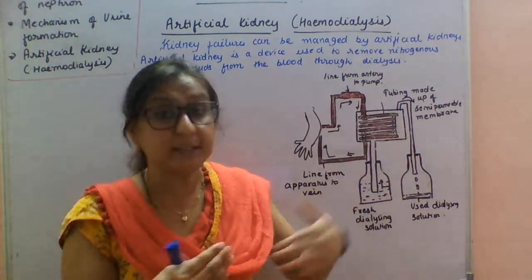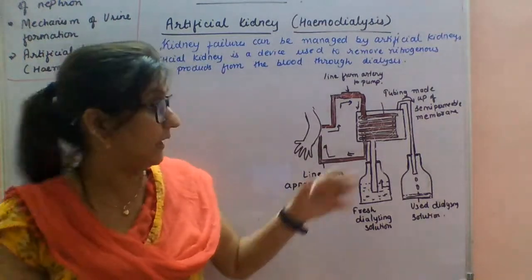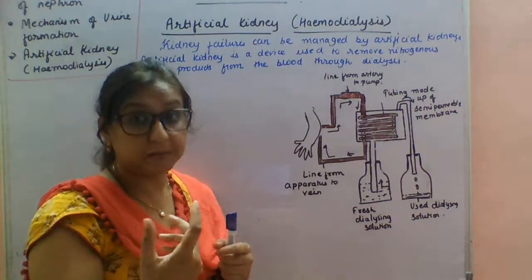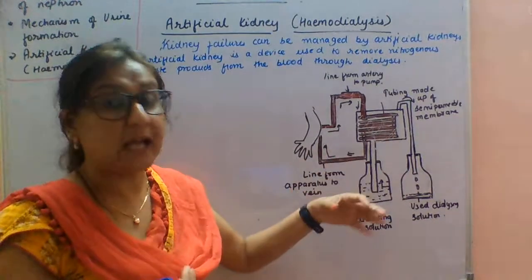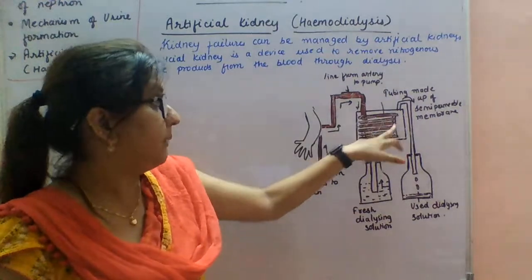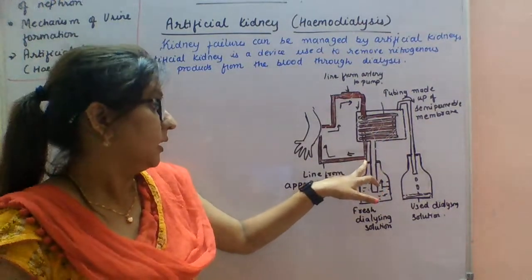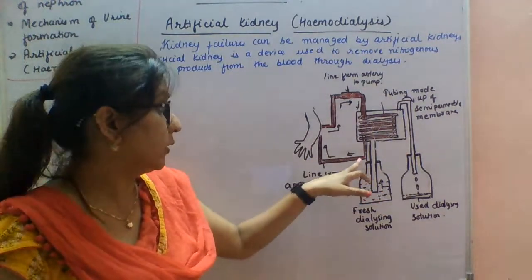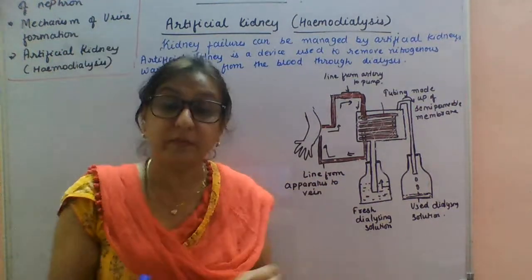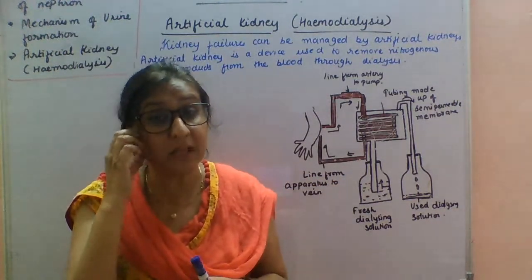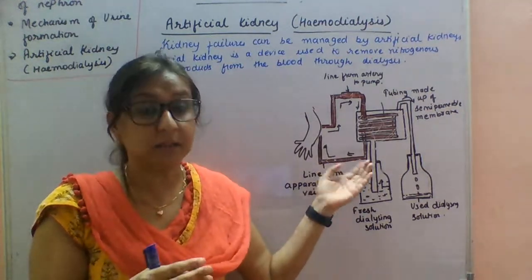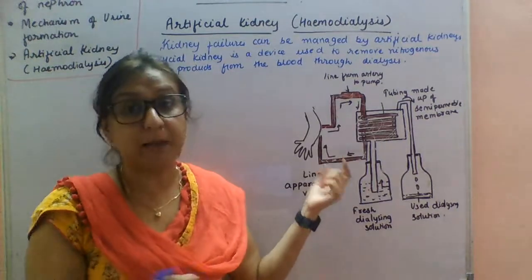After all the nitrogenous waste of this blood gets excreted out, this blood passes again through this tube into the line. Again we use anti-heparin, because now there is no need of heparin. Now we are passing this blood into the vein.